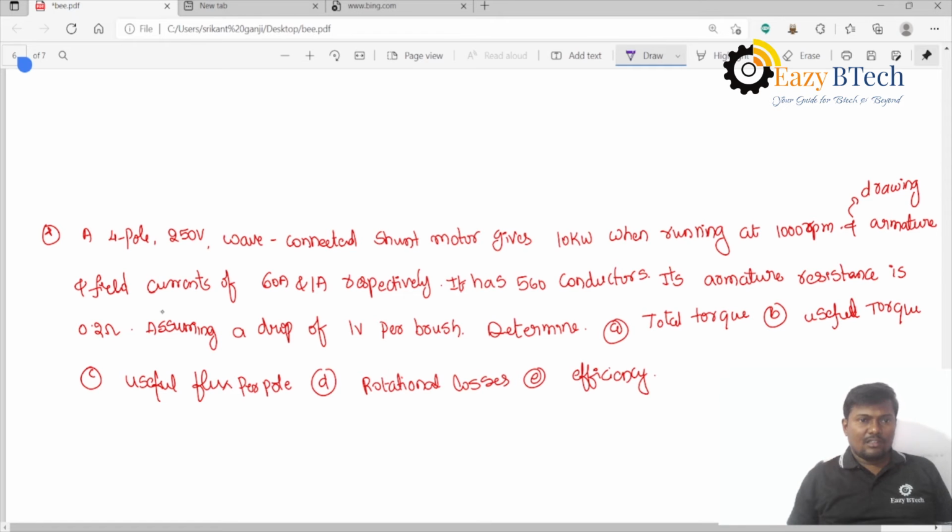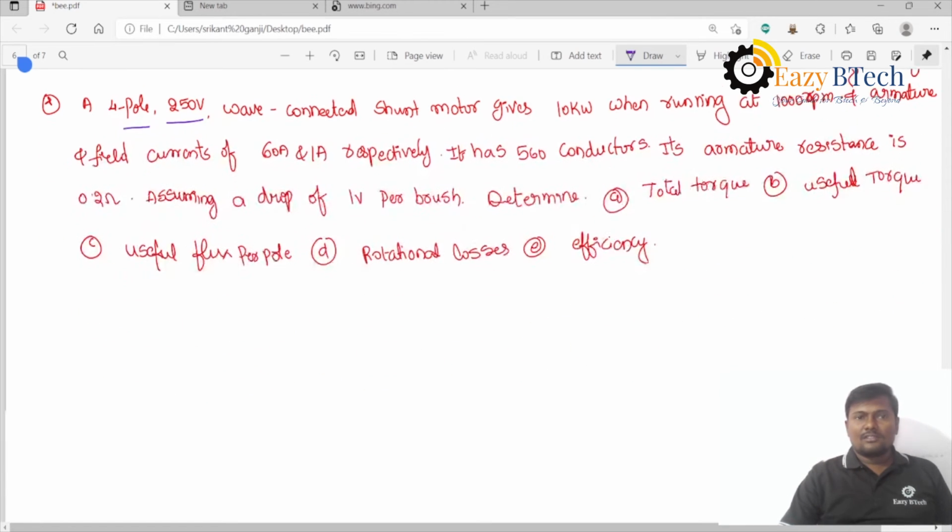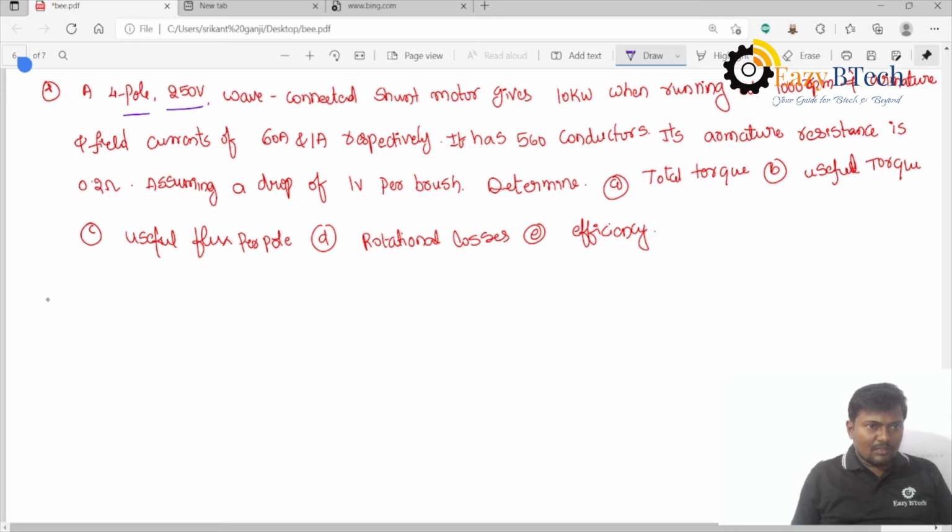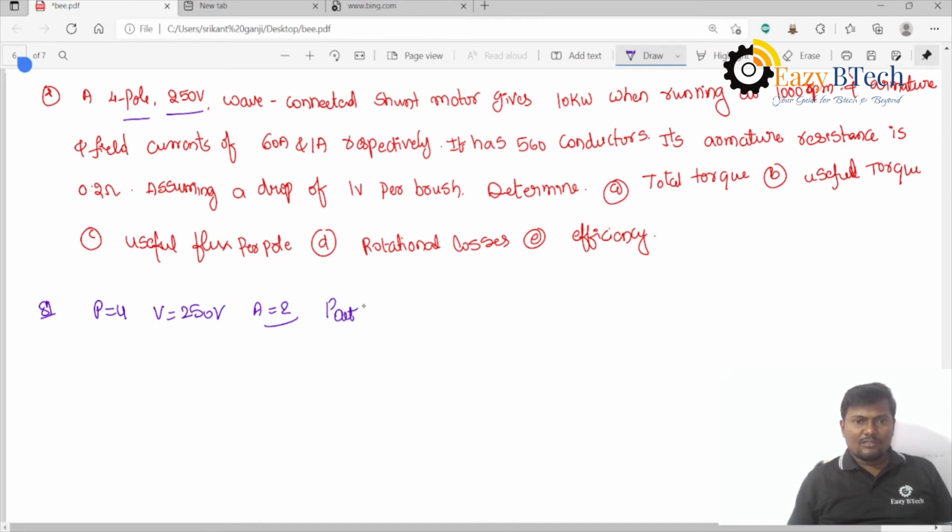A 4-pole 250 volts, wave connected with number of parallel paths equal to 2, shunt motor has a power output of 10 kilowatts when running at 1000 rpm.